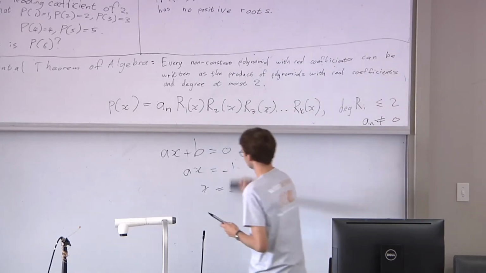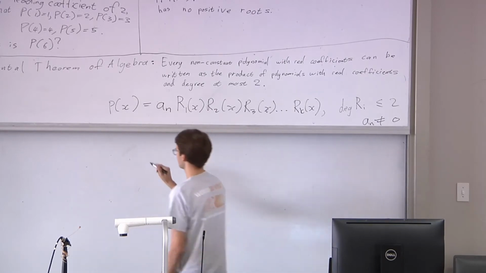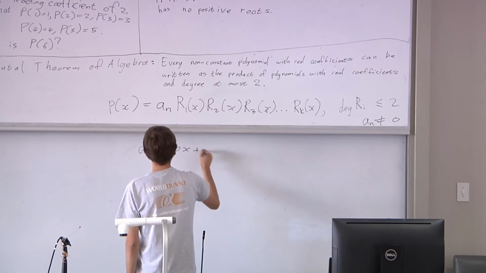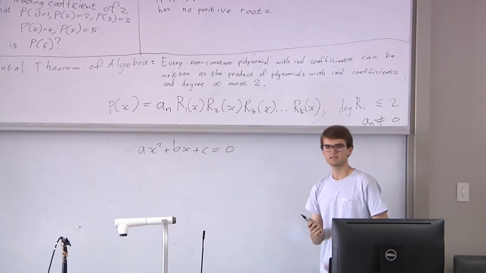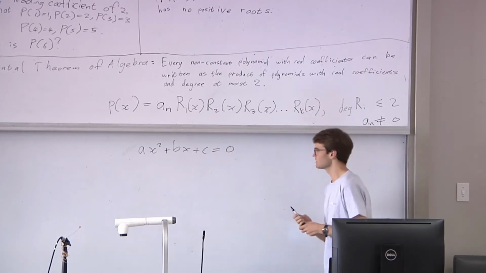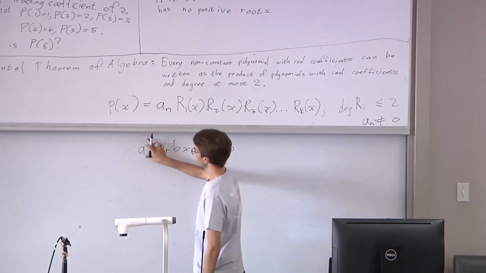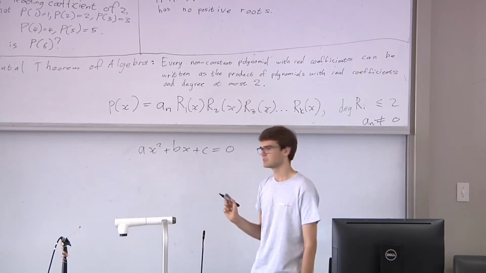Next up, consider a quadratic, ax squared plus bx plus c equal to 0. We can solve this by completing the square. We first get rid of the leading coefficient, so it's easier to work with monic polynomials.